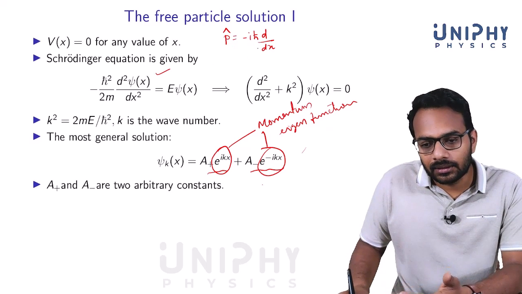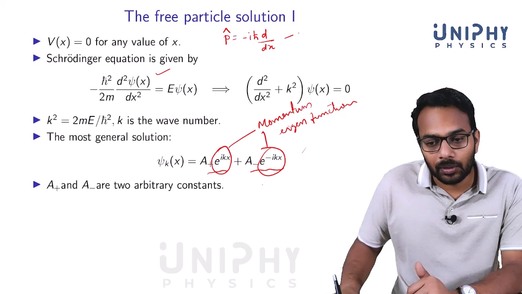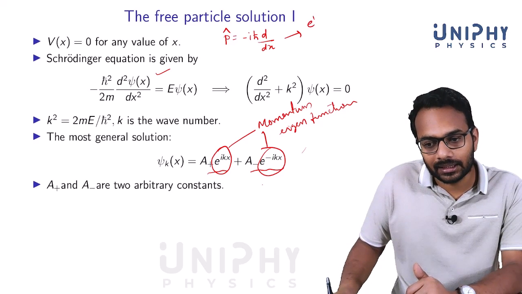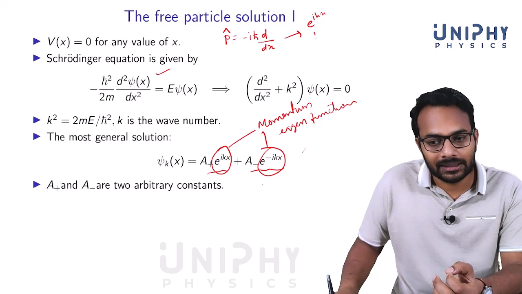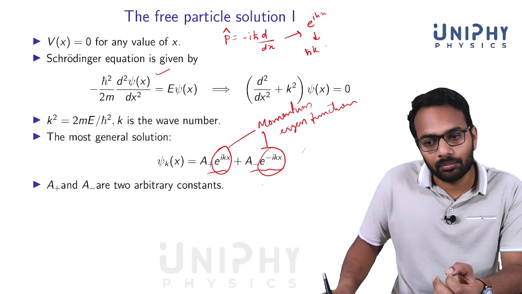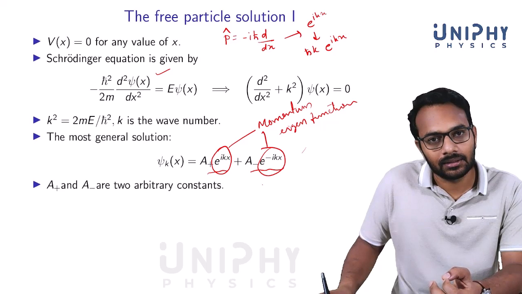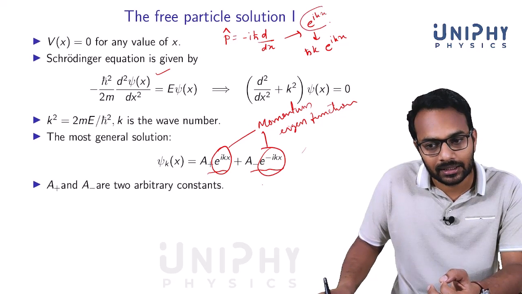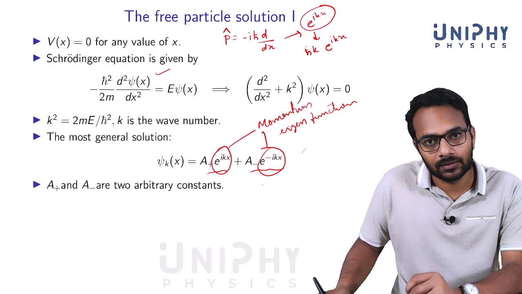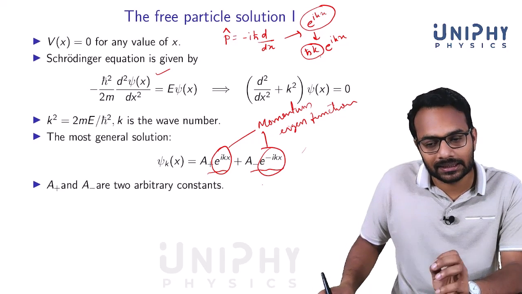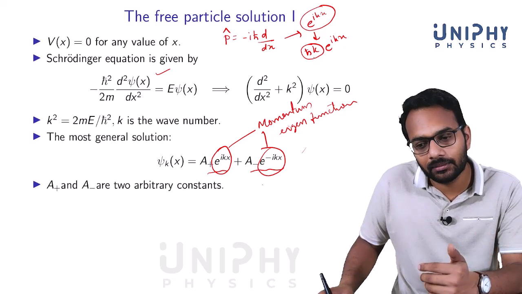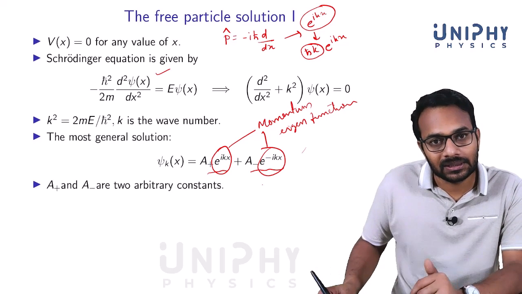So you take the momentum operator and act it upon the state e raised to ikx, and see what you get. You will see that you get a constant multiplied by the same function. This is the reason why we say that this is a momentum eigenfunction. In this case it's positive h cross k, so this represents a positive momentum, along the positive x-axis.